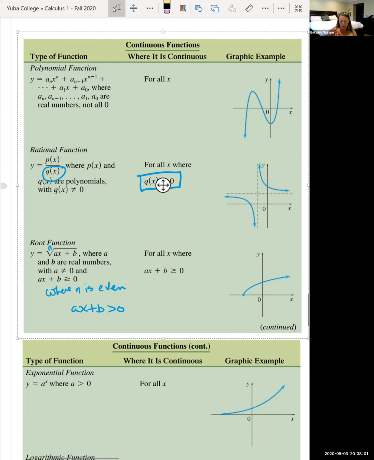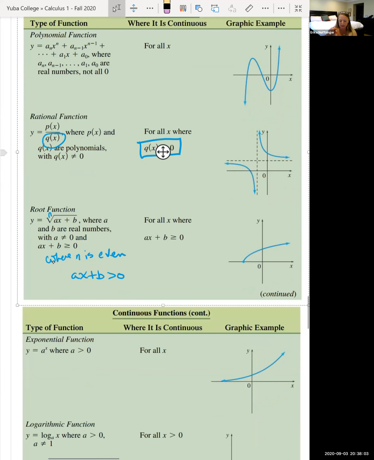You should be familiar with what your exponential functions look like. Y equals a to the x power. Here's a case where a is greater than 0, so it's increasing strictly. If your base is bigger than 1, it's always in this shape.